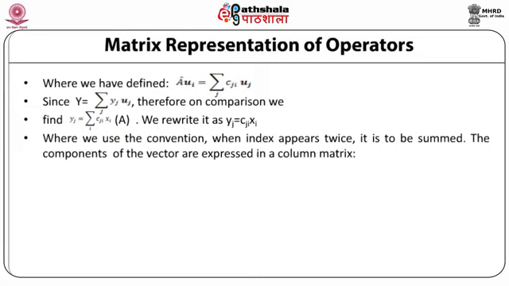And the numbers cji are represented by an n cross n matrix C, with the elements c11, c12, c13 and so on till c1n, then c21, c22, c23 and so on till c2n, then c31, c32, c33 and so on till c3n, and so on till we reach the nth row: cn1, cn2, cn3 and so on till cnn.